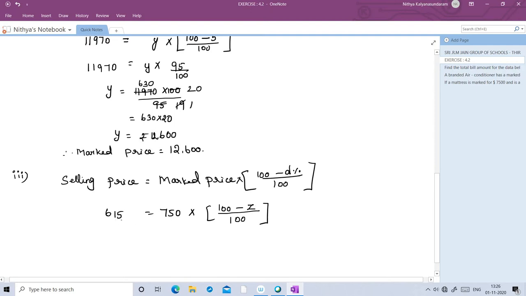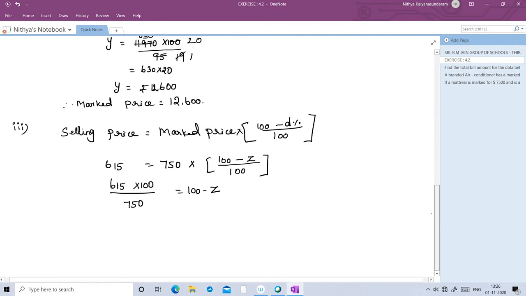So 615, this 100 if you are going to that side, multiply. Divided by 750 is multiply; if you are coming after the equal, it should be division. It's equal to 100 minus Z. Zero zero we can cancel. 5 table, 2 5s are 10, 5 1s are 5, 5 5s are 25.